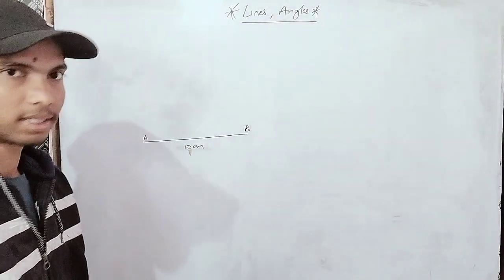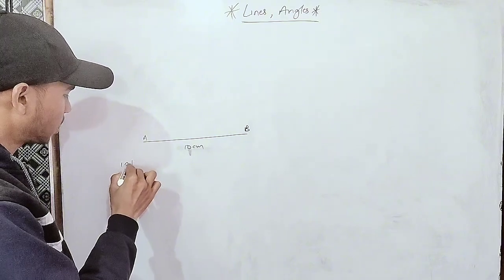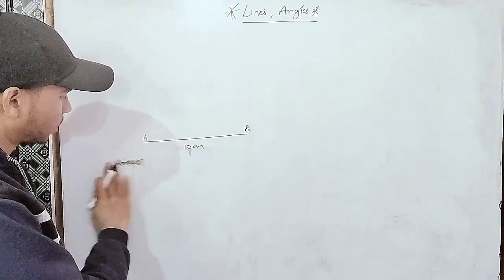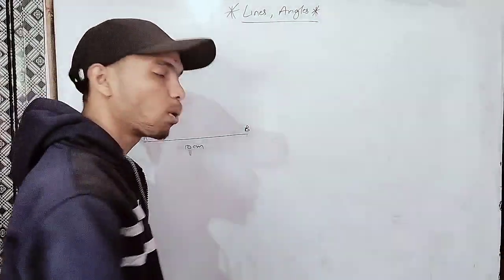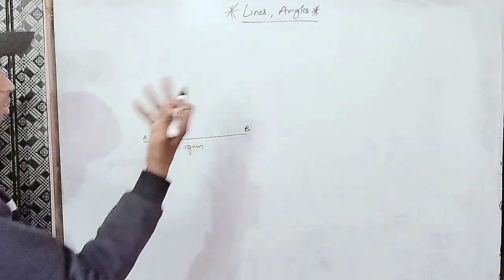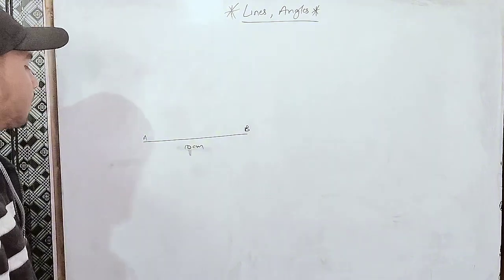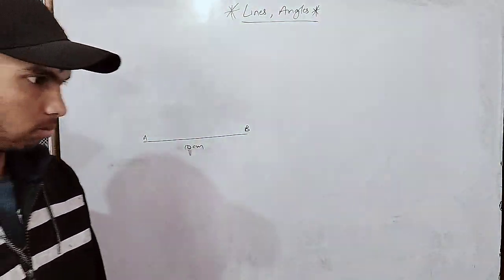We can indicate this like that: AB. This is the initial point and this is the terminal point, or you can say the final point. This is the initial point where we are starting.